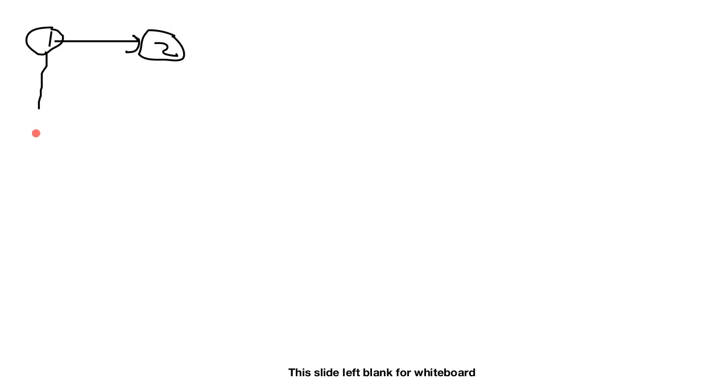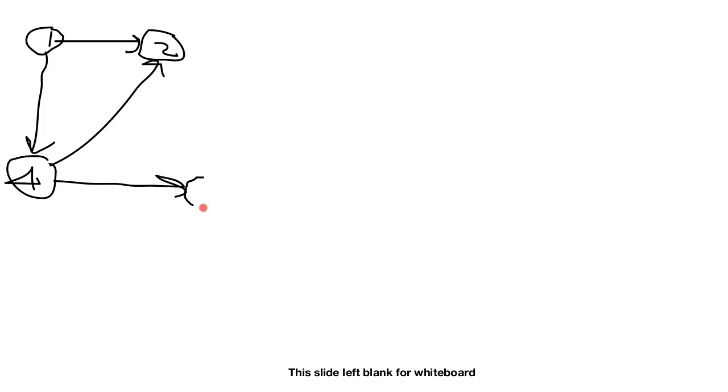So 2, 4, so this arrow is not pointing to this.